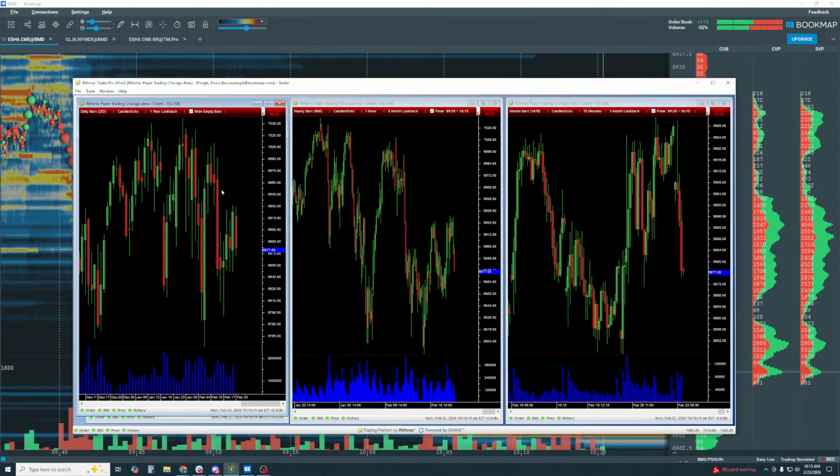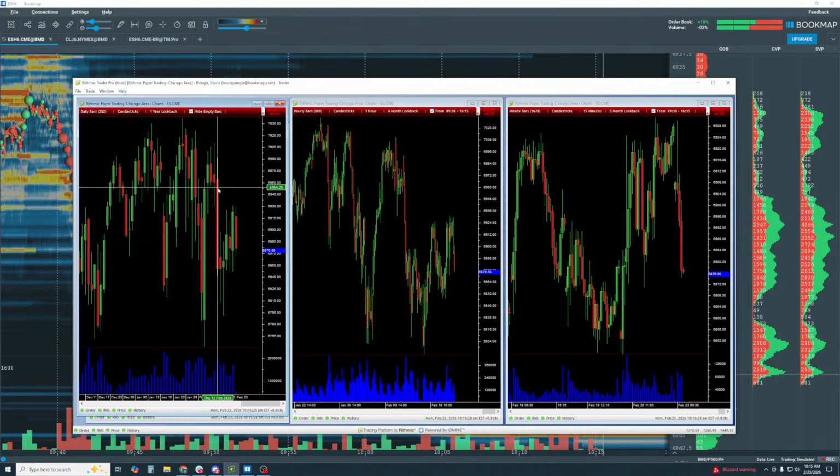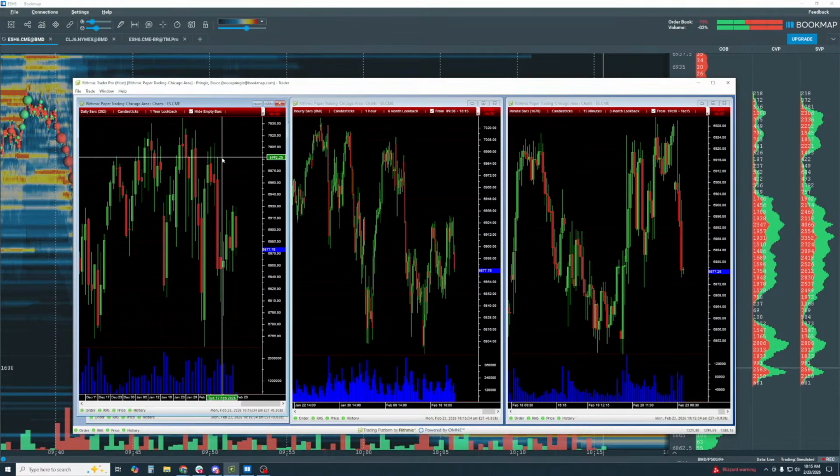However, if we look at several days in here, I'm looking at this big red candle, and we have not gone below that area, or we've not gone above it in here.